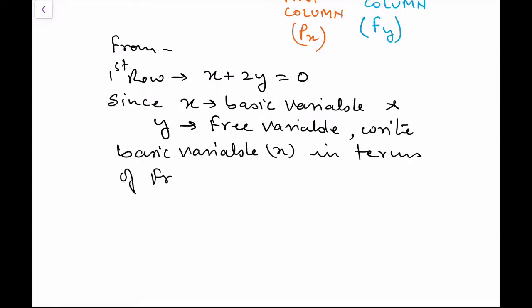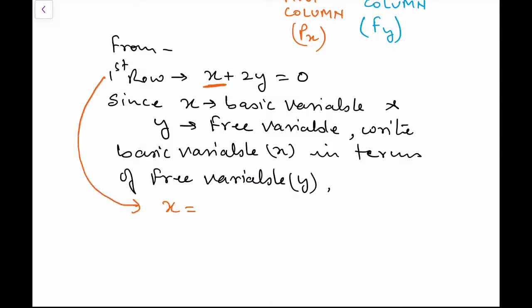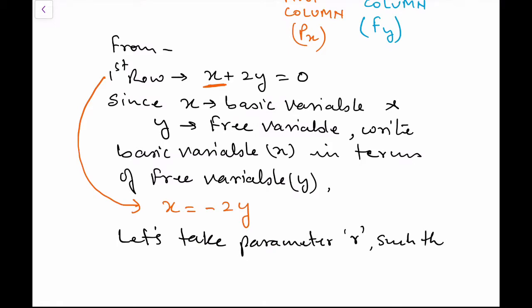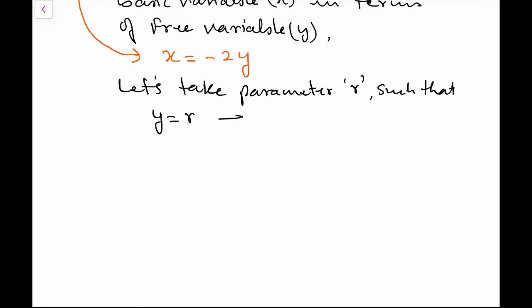So from the first row we will get x is equal to minus 2y. Now let's take parameter r such that y is equal to r. Since y is a free variable, we can take whatever parameter we want. So x will be minus 2r.